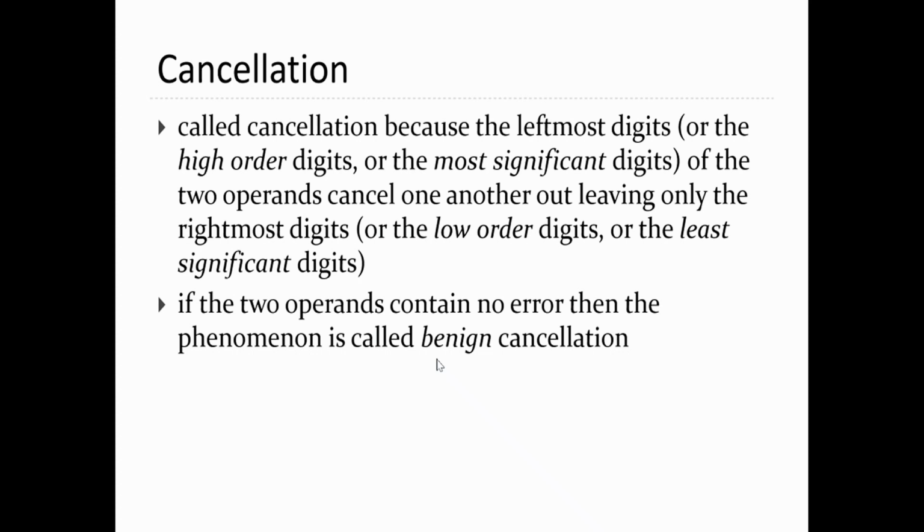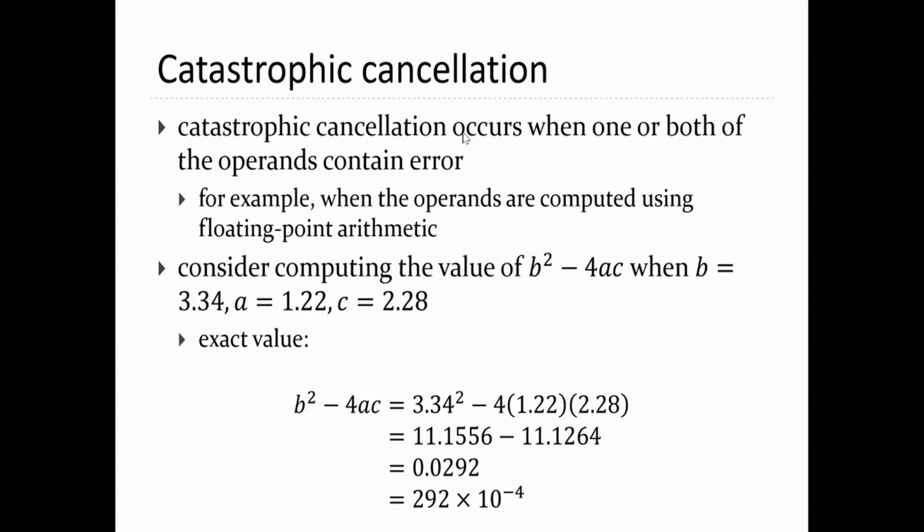If the two operands contain no error, we call this benign cancellation, meaning there's no mistake and no actual significance to this. If your two values contain some error, then it's possible to end up with what's called catastrophic cancellation. When one or both of your operands contain error, when you subtract the two values, you can end up with an answer that's very far off from the correct answer.